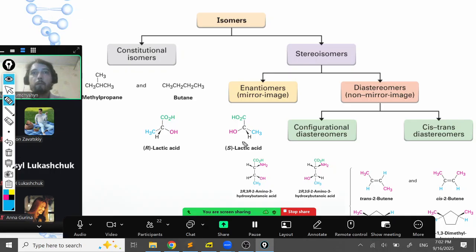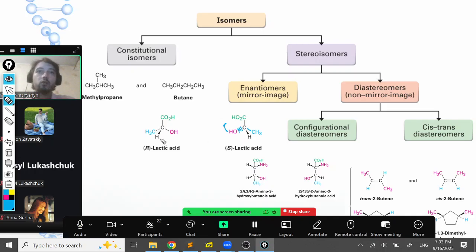If I rotate this molecule a little bit, when I start to rotate, this OH goes beyond the screen. This H for some time is still in front of the screen, and this goes into the plane of the screen.